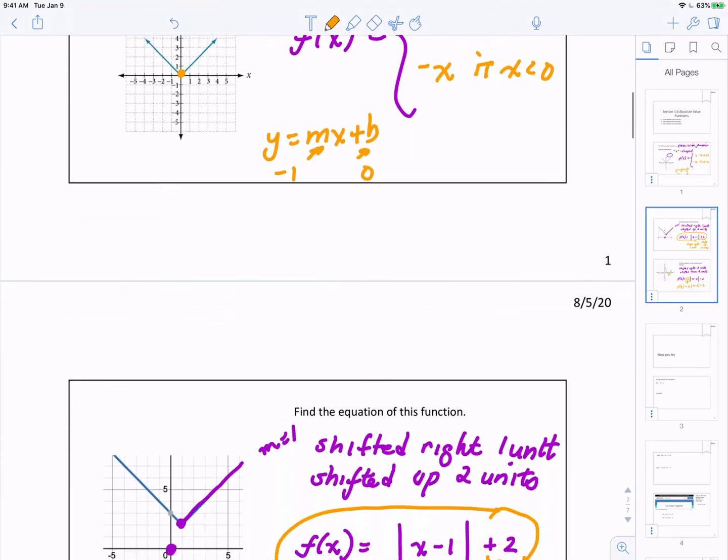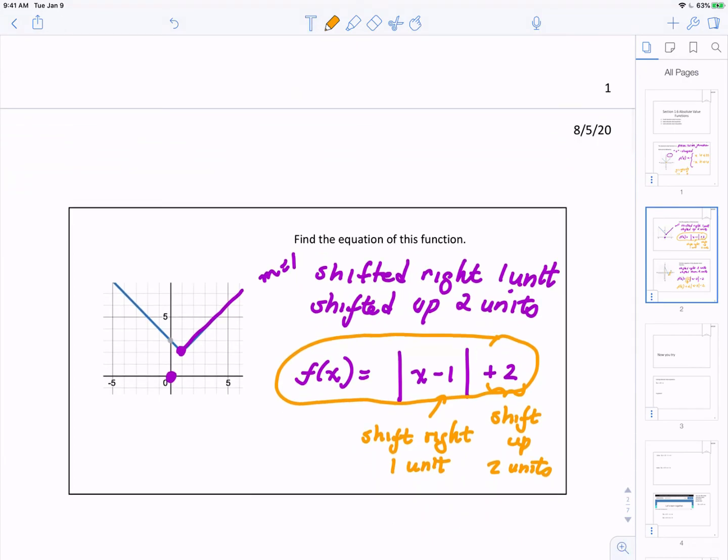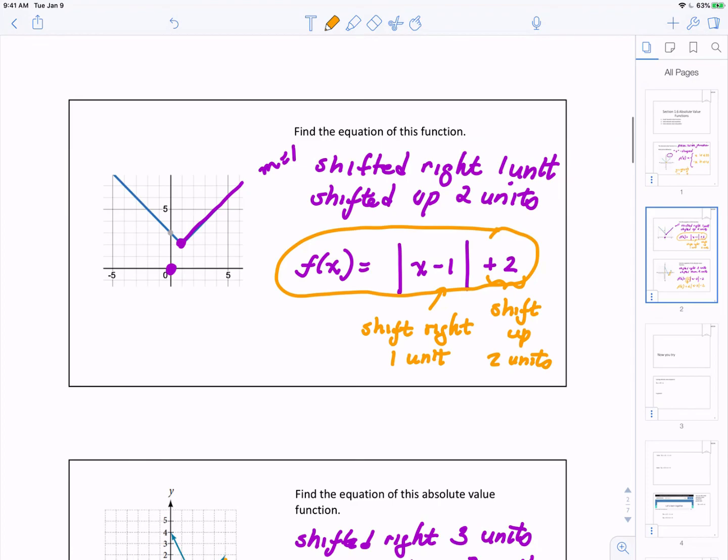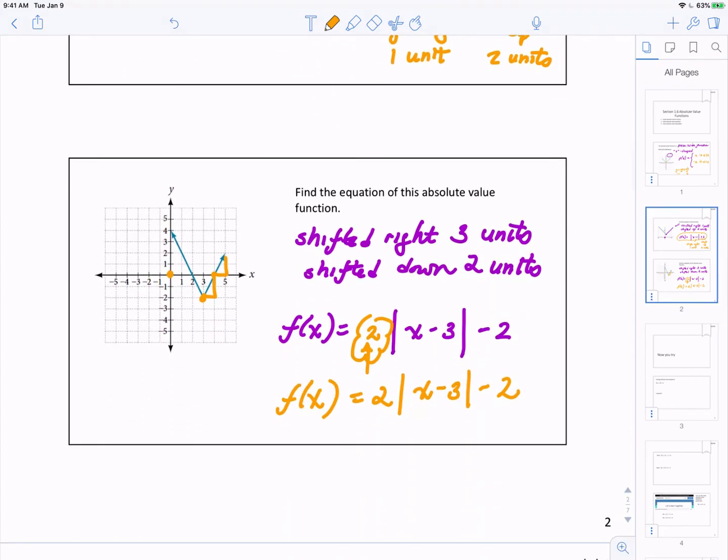We can shift that function, and we can find the equation of this function simply by thinking about how the shift was done and then adjusting the equation accordingly. And finally, in the last example, not only was the vertex shifted, the slope was also changed, and we can adjust that by simply putting the new slope in as the multiplier. And that's all there is to the graphs of absolute value functions.